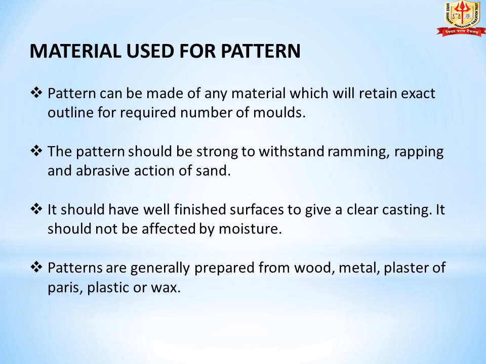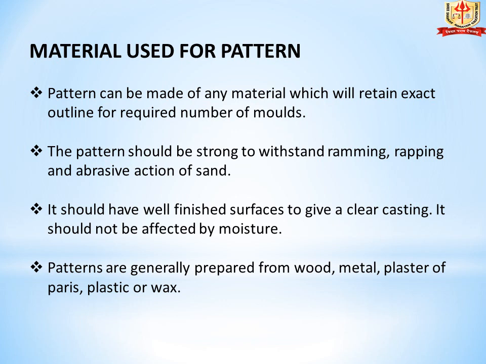In this slide we see materials used for patterns. First point, a pattern can be made of any material which will retain its exact outline for a required number of molds. Second point, the pattern should be strong to withstand ramming, warping and abrasive action of sand.